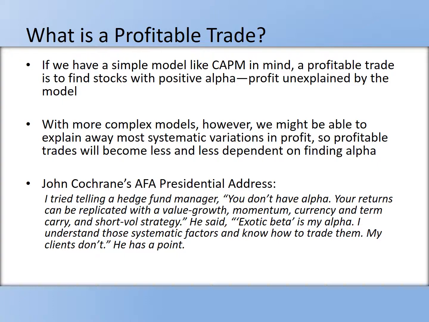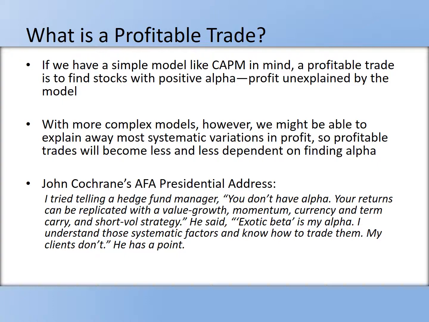So John Cochrane is a very famous financial economist, and he was the president of the American Finance Association, the biggest association of financial economists. In his AFA presidential address, he has the following quote. He's quoting himself.